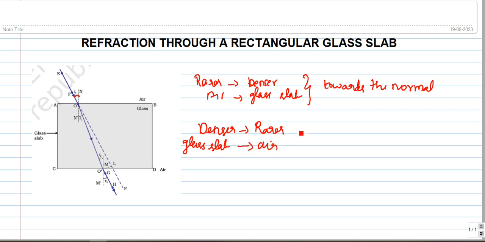So when it travels from a denser medium to a rarer medium, we see that the emergent ray is bending away from the normal. So this we have to know, away from the normal.